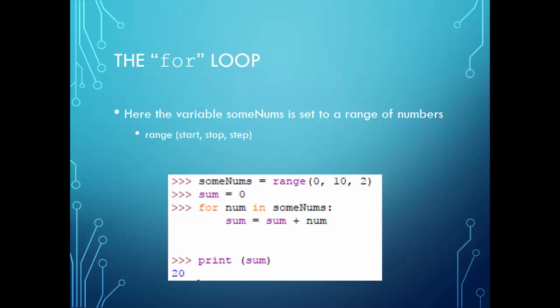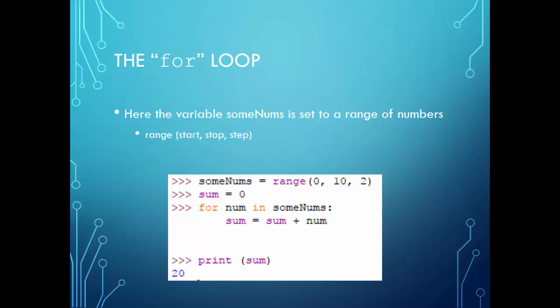Whenever we want to use a range of numbers, we can use the range function, and that's going to create a list of numbers for us, just like we had the list previously. It has a starting variable, a stopping variable, and then a step variable. The step is not required. However, if you want it to do something other than 1, you need to put it in.